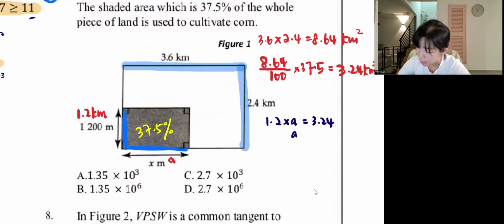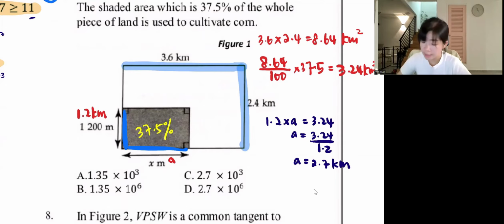Then we can find A. 3.24 divided by 1.2. So the A we get is 2.7. Now this 2.7 is in what unit? Is in km because we'll be using km all the way. But the x here must be in meter. So now change to meter, 2,700 meter.